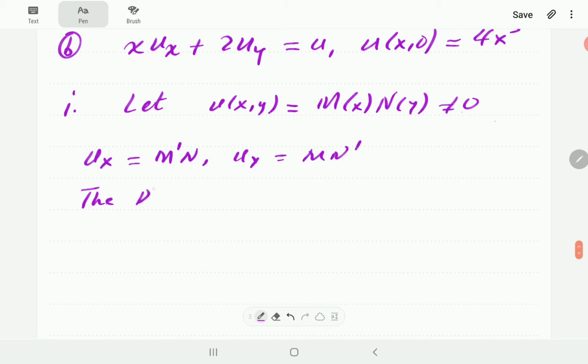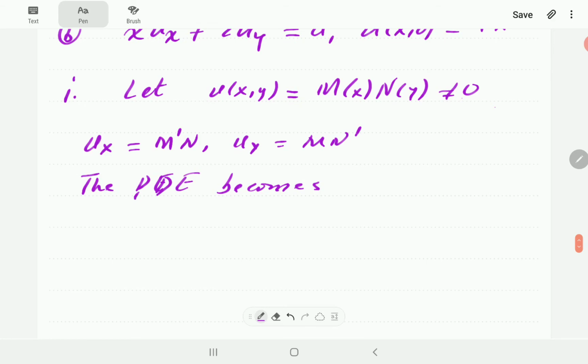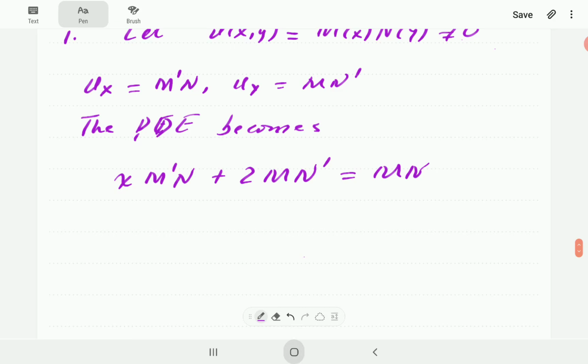Substituting gives the following. So the PDE becomes x m prime n plus 2mn prime is equal to mn. Then again we are going to divide by m times n.